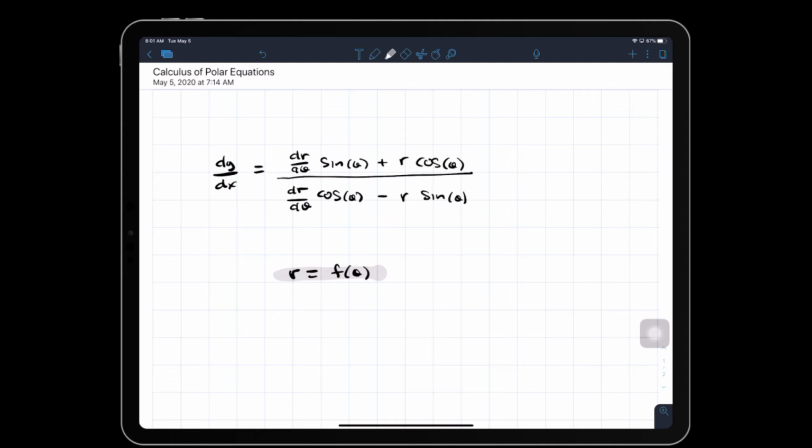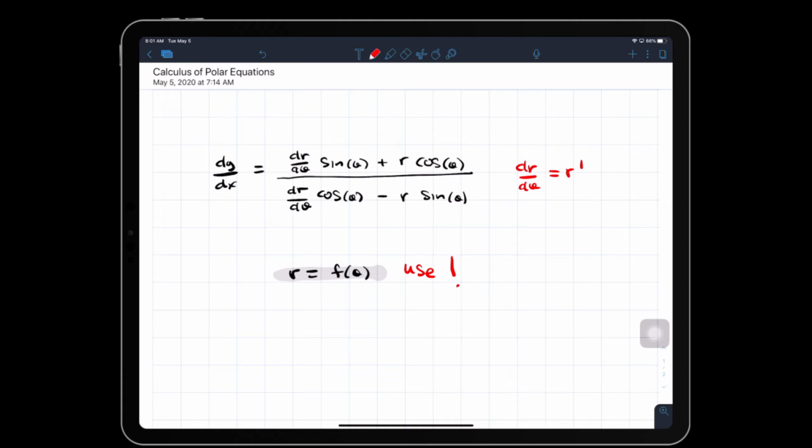So for every one of these questions here, to find a derivative, they want us to get this r as a function of theta, which I'm going to put in red. This is what we'll use. And dr d theta, by the way, is also thought of as r prime.